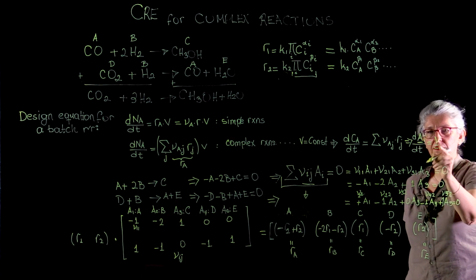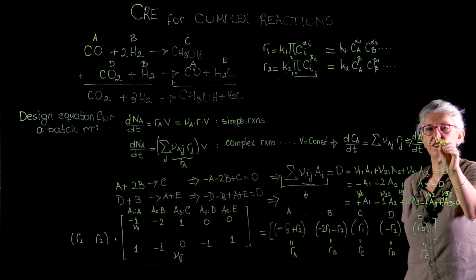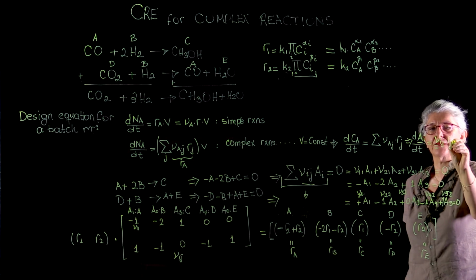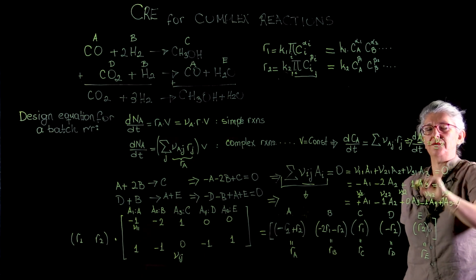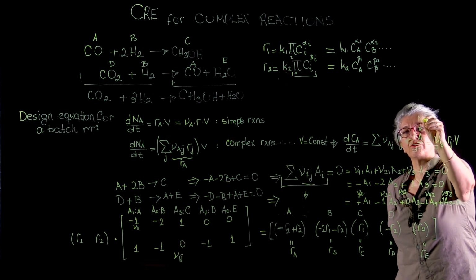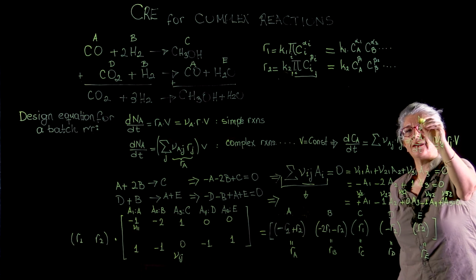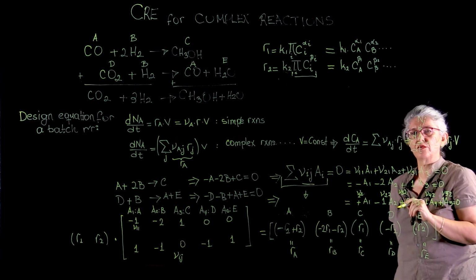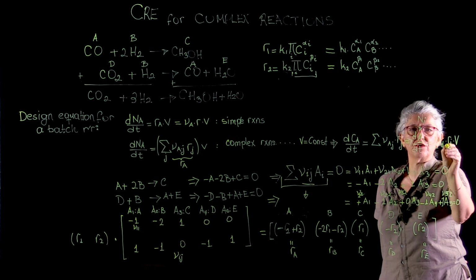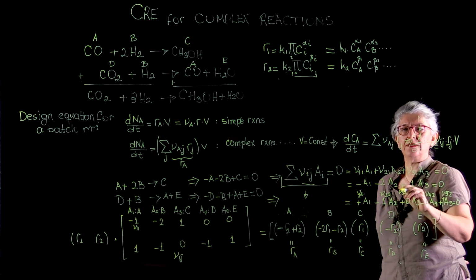When I do double, it's a tensor. nu_ij times R_j times V. So A_i refers to N_i, the number of moles within the system boundary. This is also a vector, all right?